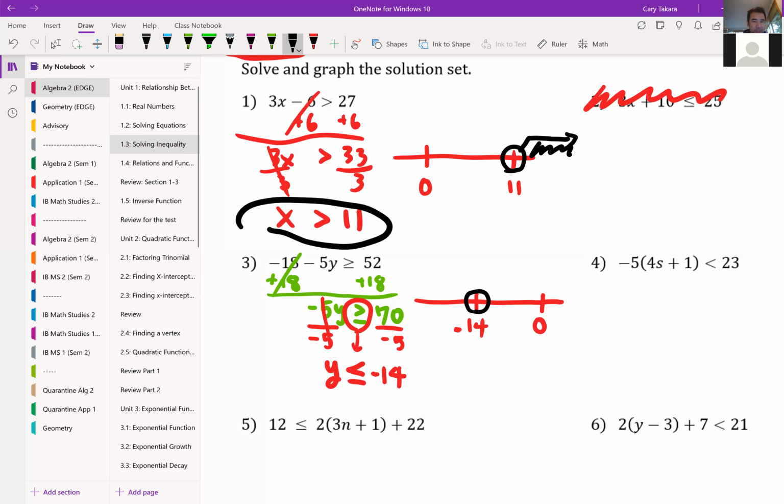This time it will be a closed circle. Yeah, thank you, Miranda. And which way are we going to shade? We're going to shade to the left because the arrow is pointing to the left.